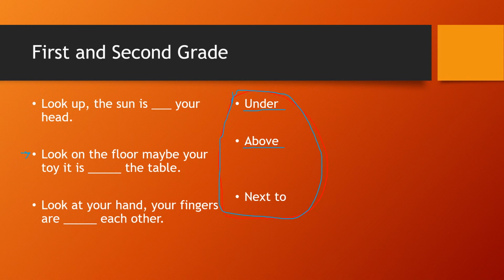That doesn't make sense. Look at your hand. Your fingers are next to each other. That could make sense. Next to could work here. Okay, so think about that. See if you can fill in the blanks. And I'll show you what the right answer should be for each one.